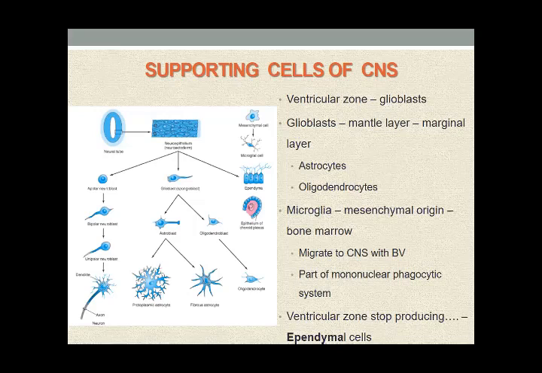And then once the ventricular zone stops producing all the cells that it is destined to produce, this ventricular zone simply develops into ependymal cells.